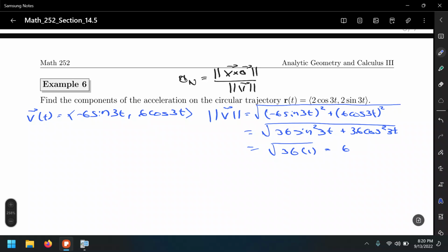Okay. And we need the magnitude of the velocity vector to find two things: the tangential, and also part of the normal component of the acceleration. So number one, let's find the tangential. The tangential T of t equals r prime of t, or the velocity vector, divided by its magnitude.